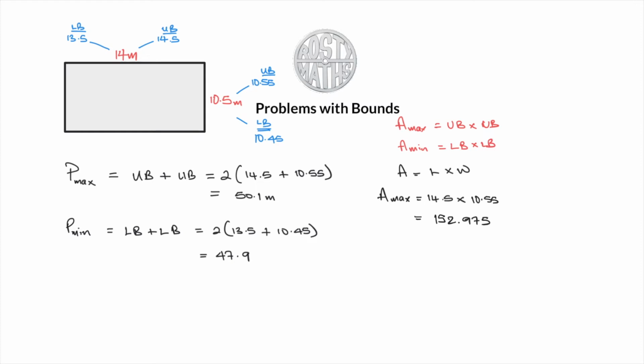We do the same thing for the area min. Okay, so you take your two lower bounds again, that's going to be 13.5, and we multiply by 10.45. Let's see what that gives us. So that gives us 141.075.